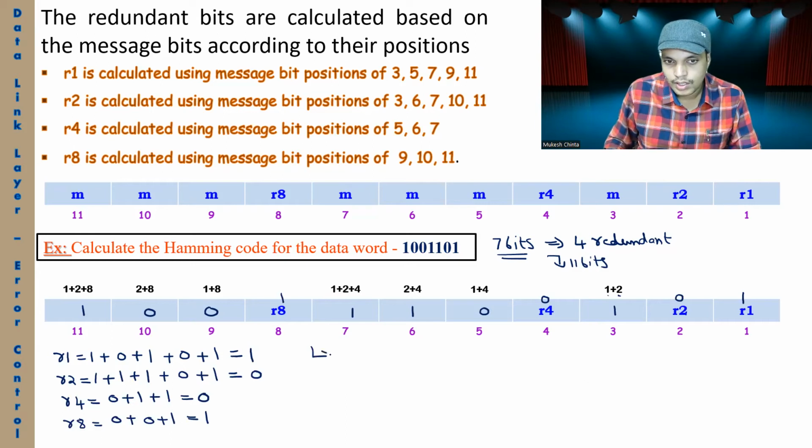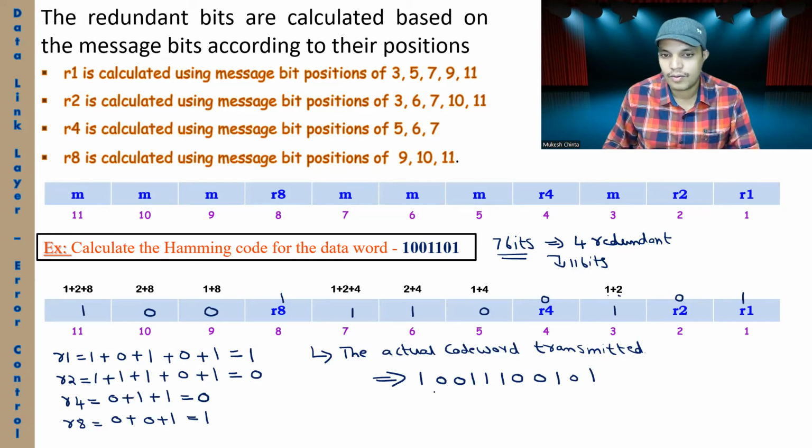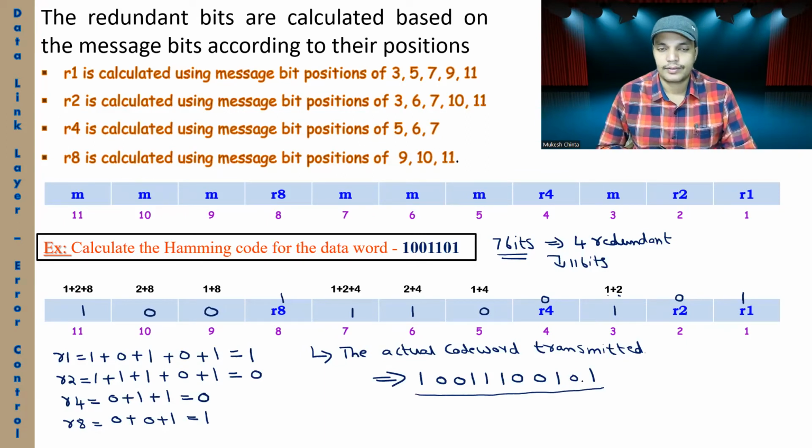So now the actual code word transmitted is, tell me, read it back to me, 1 0 0 1 1 1 0 0 1 0 1. How many bits? 11 bits. Calculate 3, 6, 8, 11. So these are the 11 bits that are actually transmitted to the receiver.